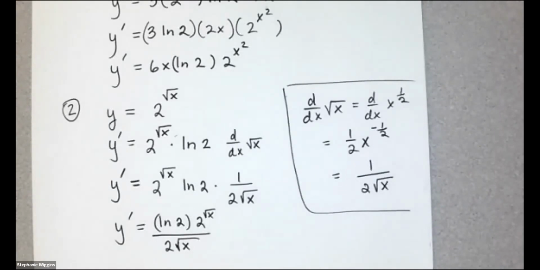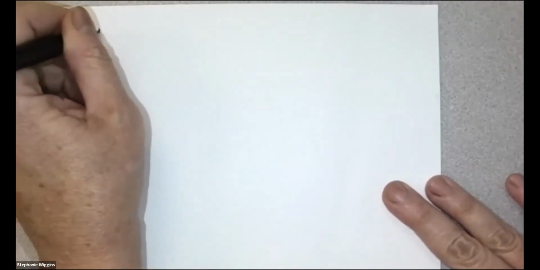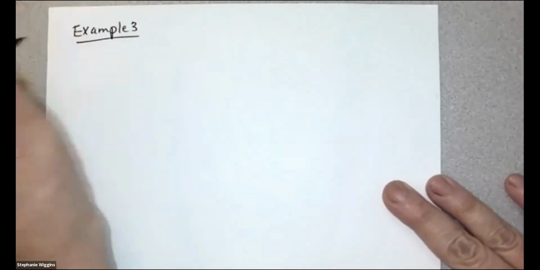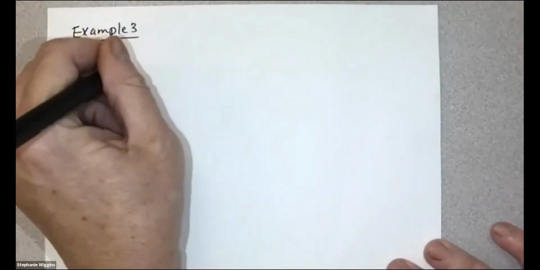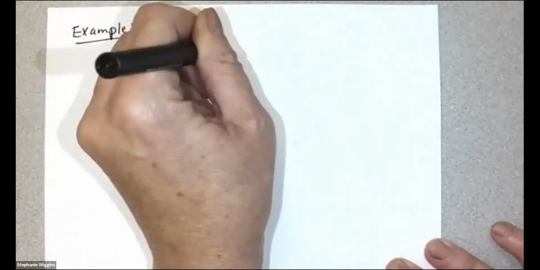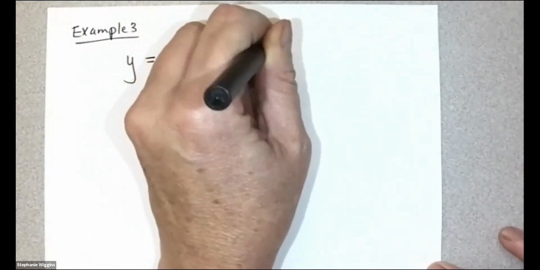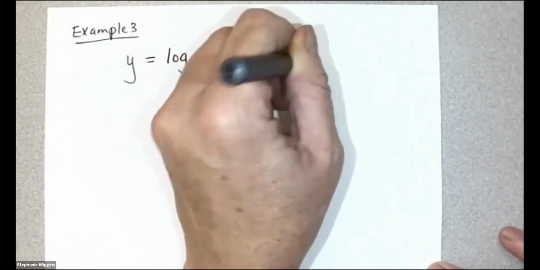All righty. Okay, so let's do a couple examples using the log function with base other than e. So our function is log base 3 of 5x cubed minus 3x squared plus 2.